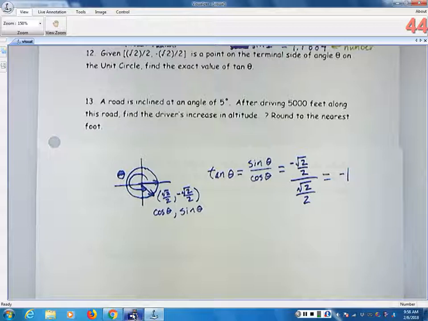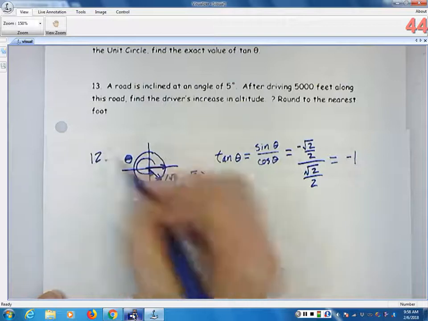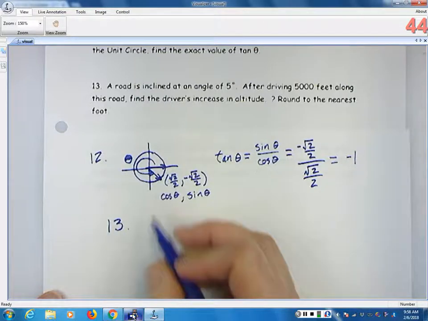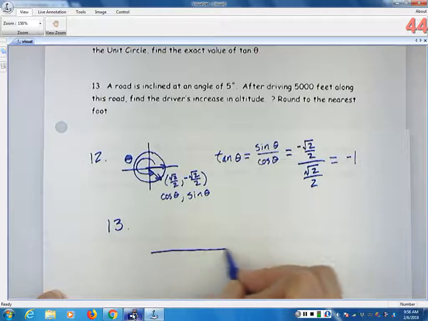Okay, this was number 12. Number 13: a road is inclined at an angle of 5 degrees.